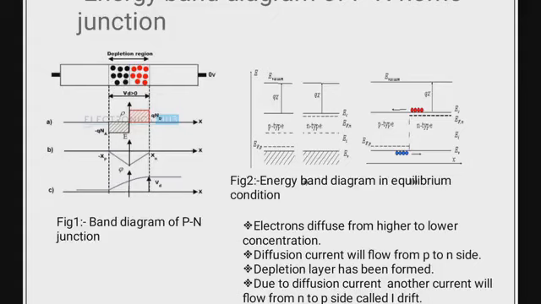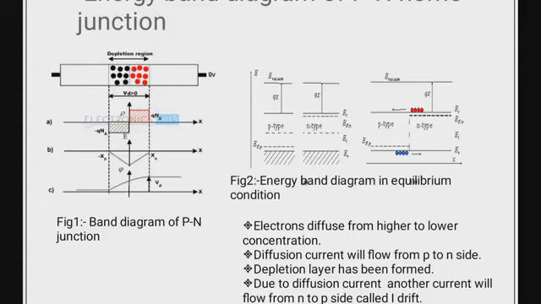Why? Because, as I told in the earlier slide, when holes migrate from the P to the N side, they leave some negative immobile ions.